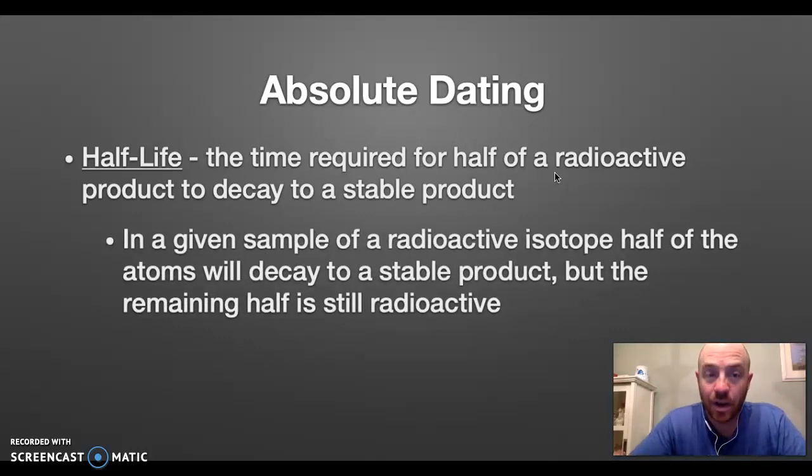What half-lives mean is that in a given sample, half of the atoms are going to decay to a stable product, and the other half that's left behind is going to stay radioactive. This comes back to the idea that everything breaks down over a set period of time.